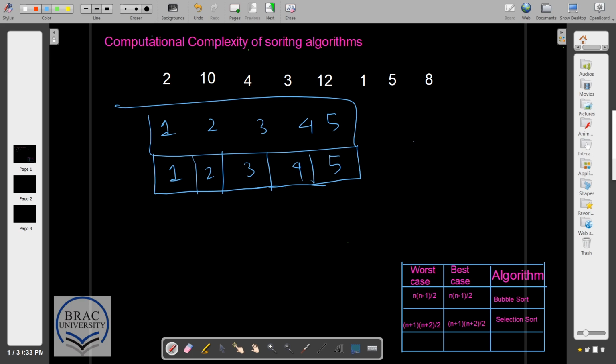In the best case, we need just n minus 1 comparisons, which is almost equal to n when n is sufficiently large. So the best case complexity for insertion sort is n.